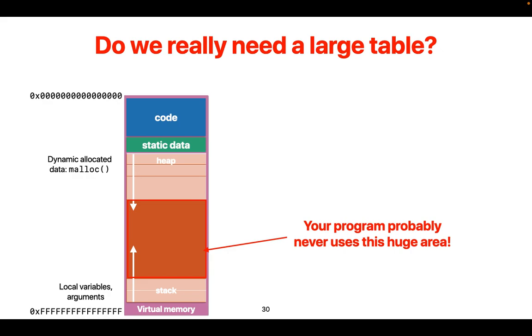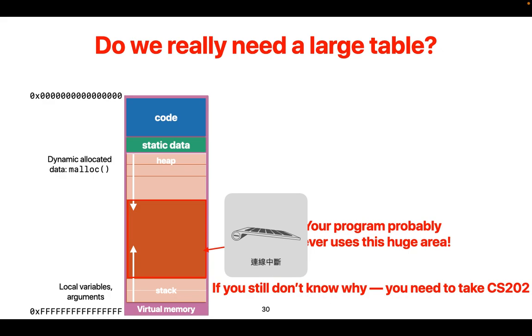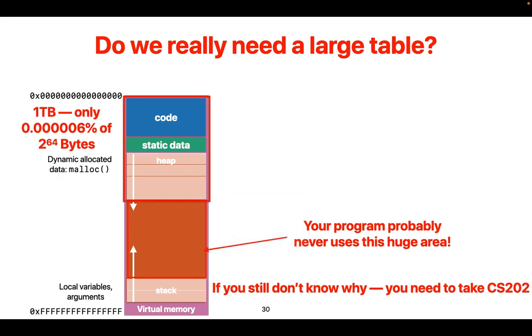You never use it. So if I can find a data structure or a way to avoid this joint section, I can just create entries sufficient to accommodate all the virtual addresses that I need, instead of every virtual page in the virtual address space. If you still cannot understand what's going on here, take an operating system class, okay?